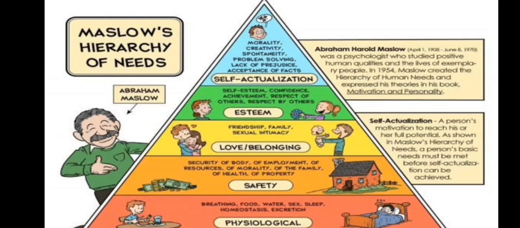And the highest need is self actualization, which consists of morality, creativity, spontaneity, problem solving, lack of prejudice, and acceptance of facts. Now, a person's motivation to reach his or her full potential is what we call self actualization. As shown in Maslow's hierarchy of needs, a person's basic needs must be met before self actualization can be achieved.